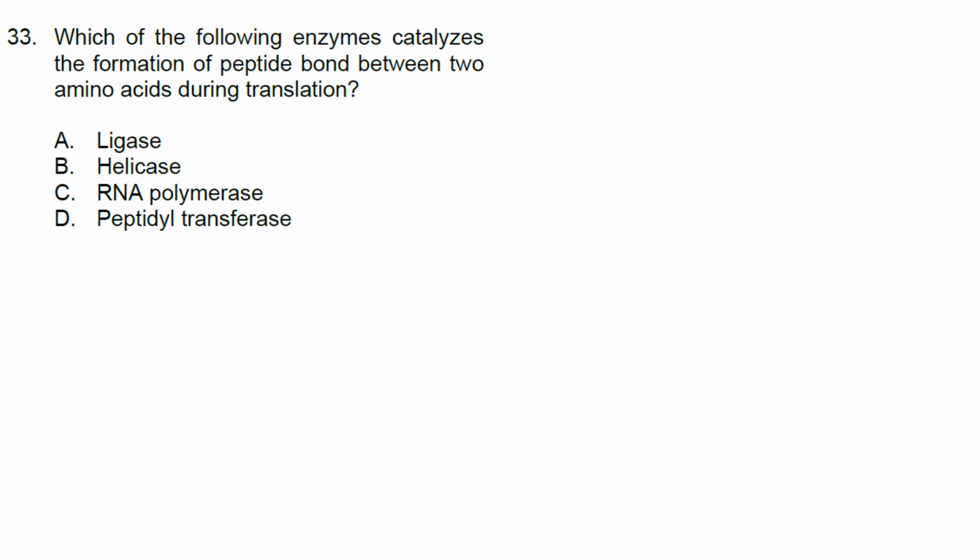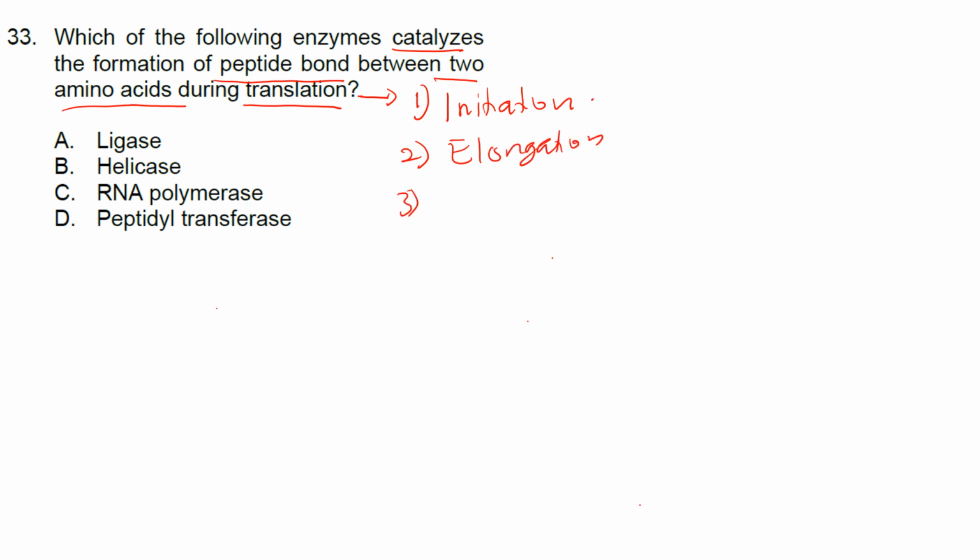Question 33. Which of the following enzymes catalyzes the formation of peptide bond between two amino acids during translation? The process of translation occurs in 3 stages: the first stage is initiation, the second stage is elongation, and the third stage is termination.